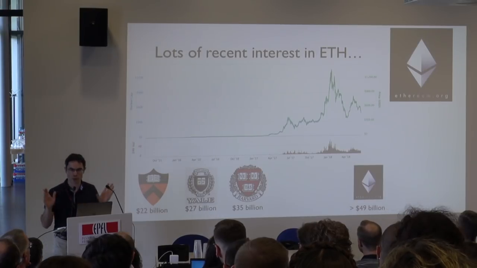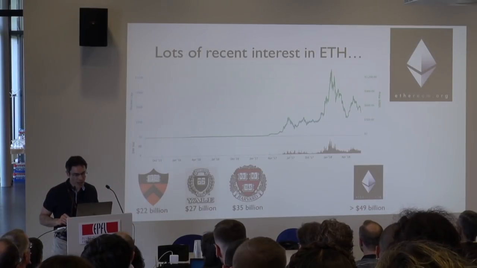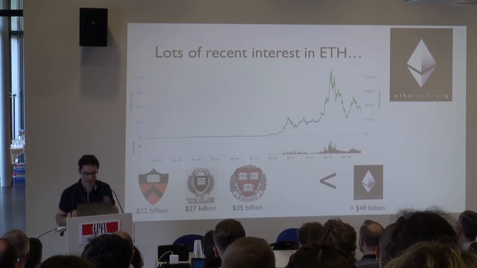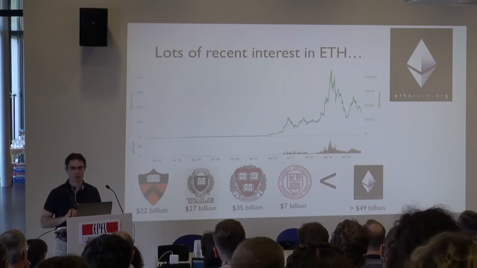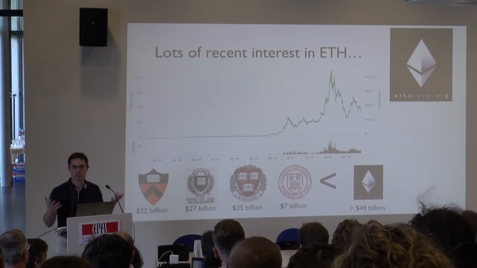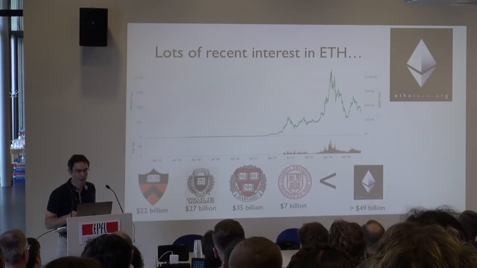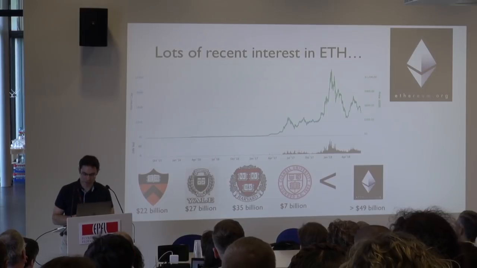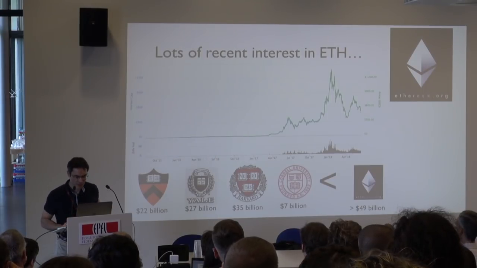So Ethereum is worth more than any university in the world, and worth significantly more than, say, your sort of garden variety Ivy like the one I work at. It's worth more than a factor of 7 times the endowment of Cornell. So this is just to give you some sense of how much interest the community has evinced in this very interesting system.